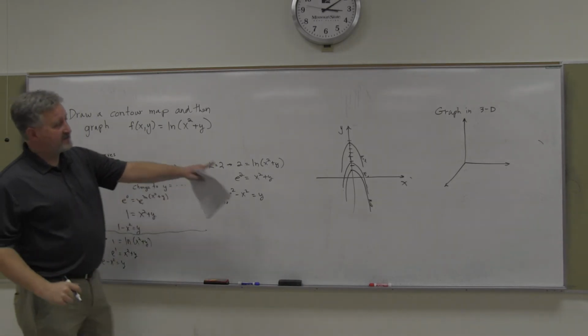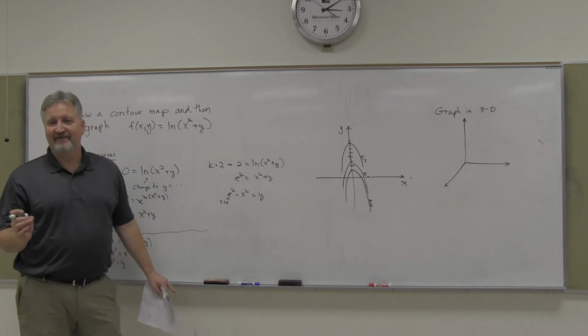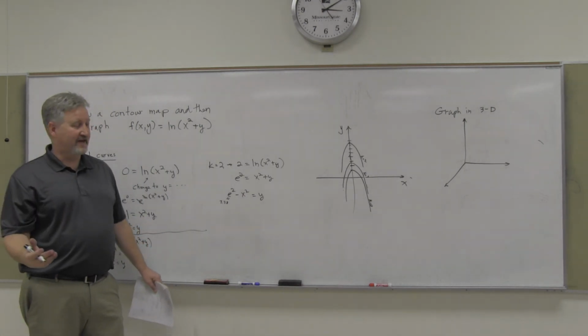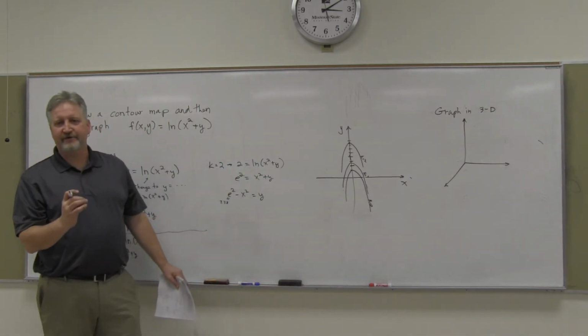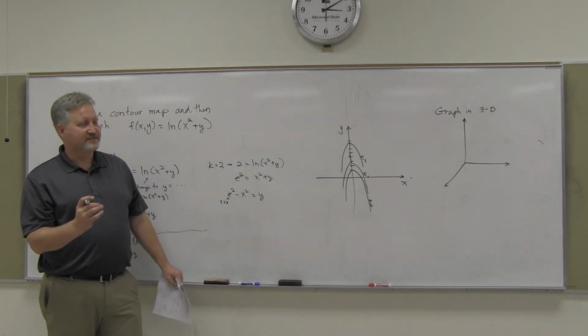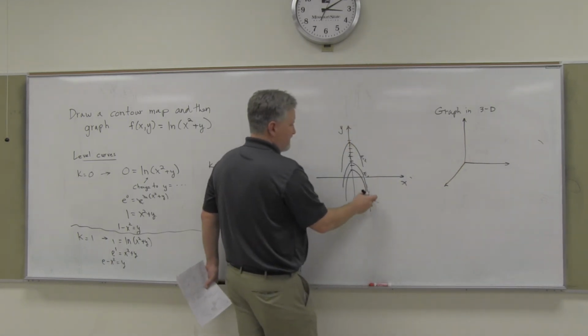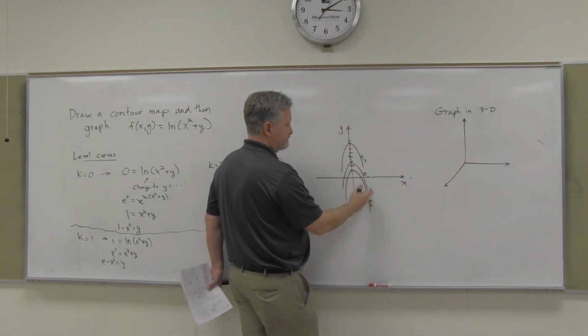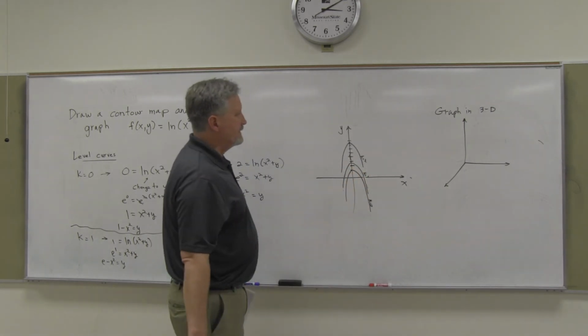So again, what these give me are slices for that particular z value. So k equals 0, that's telling me what it looks like when z equals 0. So if z equals 0, I've got this parabola in the xy plane, if you will.